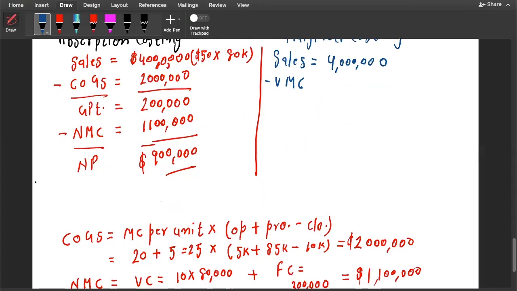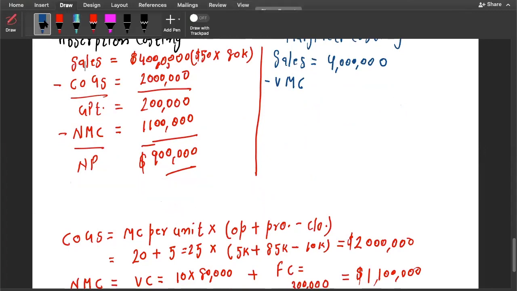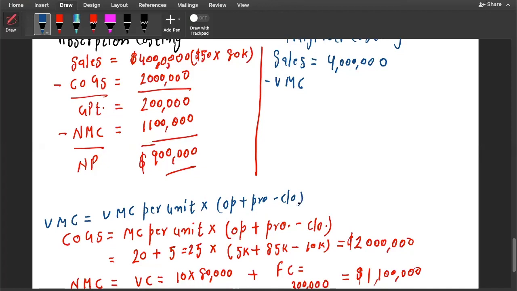The formula is variable manufacturing cost per unit multiplied by opening plus production minus closing.